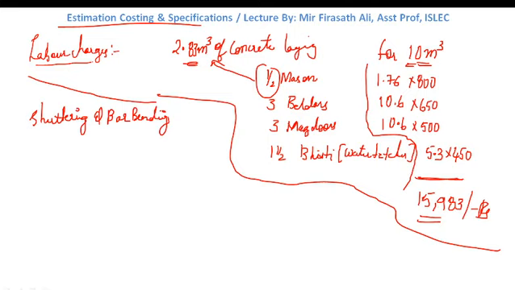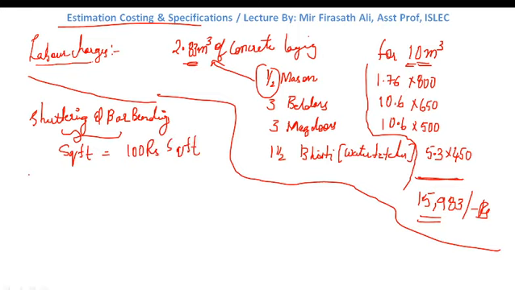These charges are in square feet. Together, shuttering charges plus bar bending charges are about 65 rupees per square feet. Generally, they charge around 100 rupees per square feet.